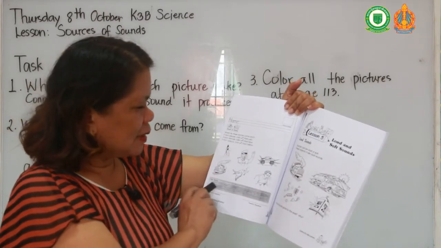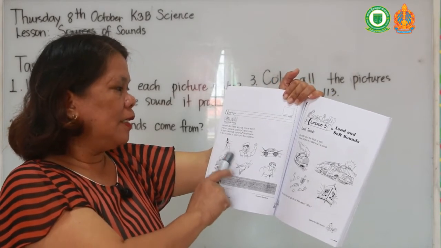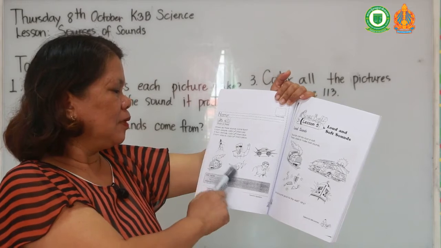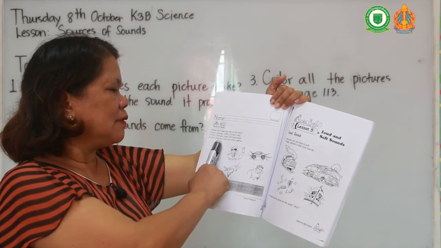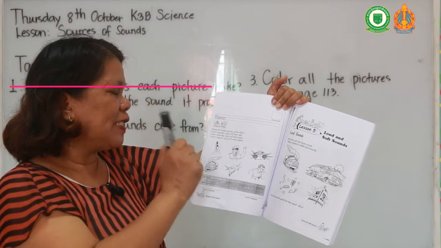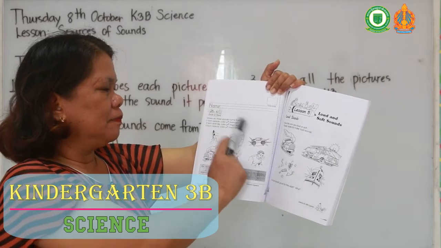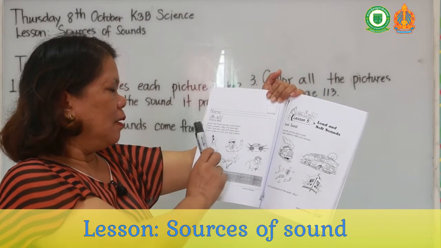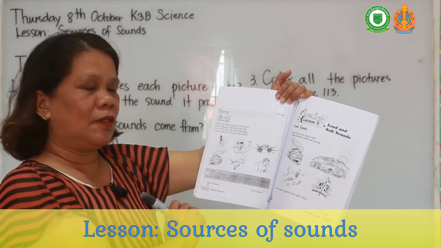There is only one animal here, the bird, so you color it blue. From objects, color them yellow. Objects are train, bell, cassette. Bell, train, and cassette, you color them yellow.